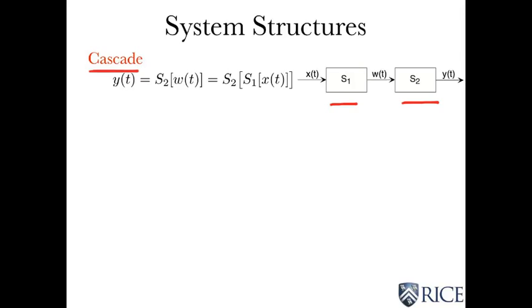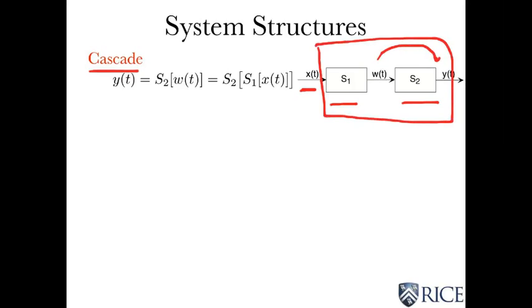So the input to the entire chain is x, goes through S1, produces W, and then W in turn produces Y. So we can think about this as one system which is constructed as a cascade of 2 simpler systems.